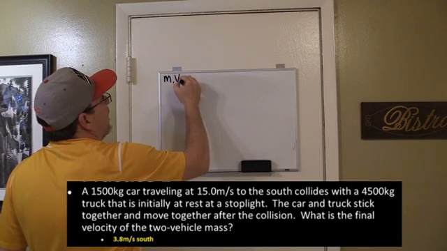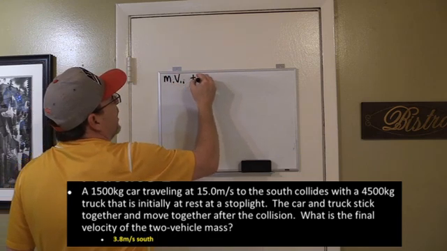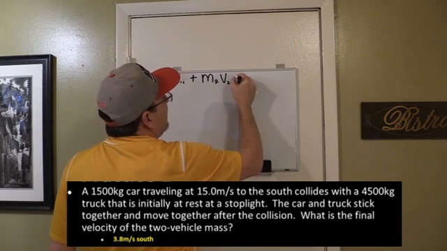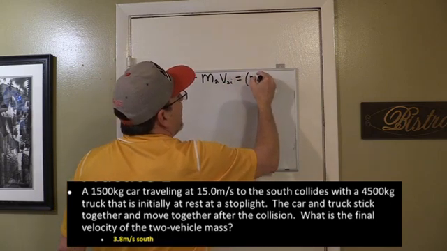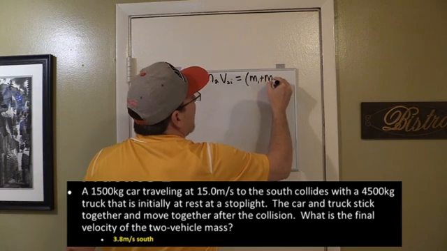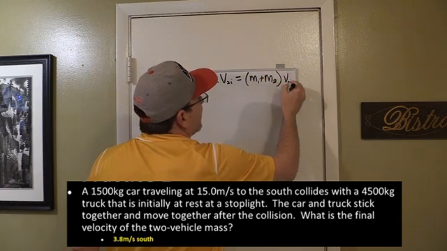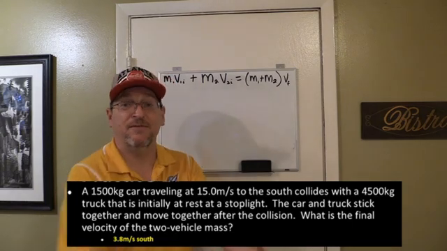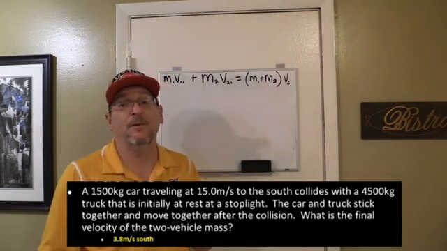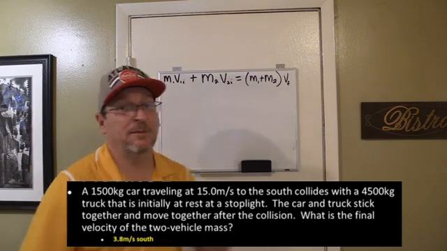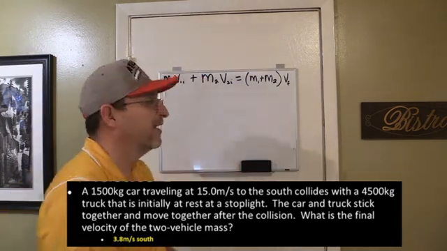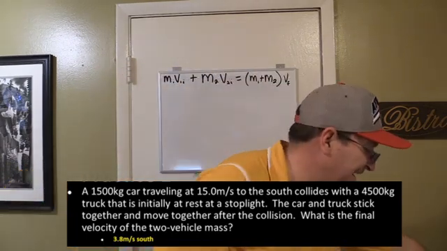Mass 1 velocity 1 initial plus mass 2 velocity 2 initial is equal to mass 1 plus mass 2 times velocity final. Because the velocity of both you and your dog, if they jump up into your arms, are going to be the same. Okay? It's not like he jumps up, shoulder checks you, and knocks you out of the way. He jumps up into your arms. I hope he doesn't shoulder check you and knock you down.